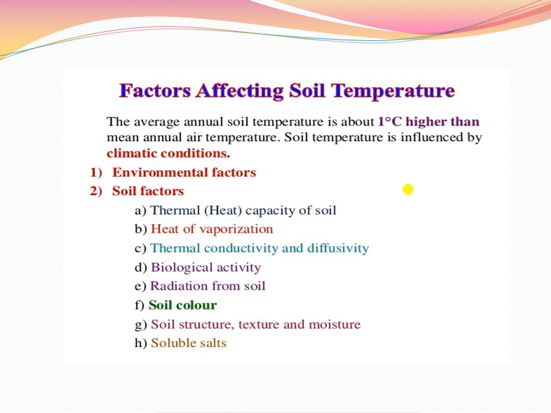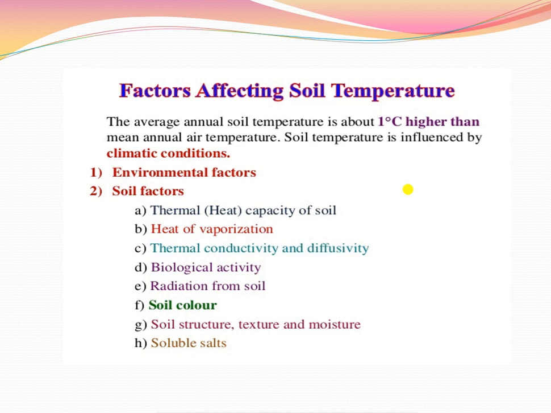Then the next factors are various soil factors, which include thermal heat capacity of soil, that is almost 1 degree centigrade; then heat of vaporization; then, number 3, thermal conductivity and diffusivity, due to expansion and contraction, which allows increasing temperature of soil.